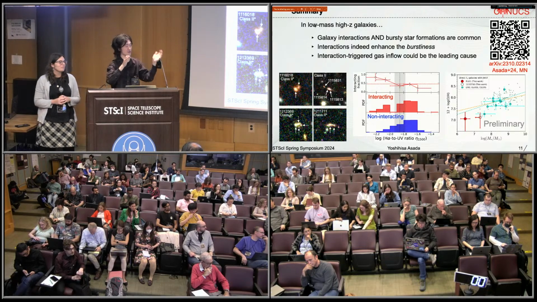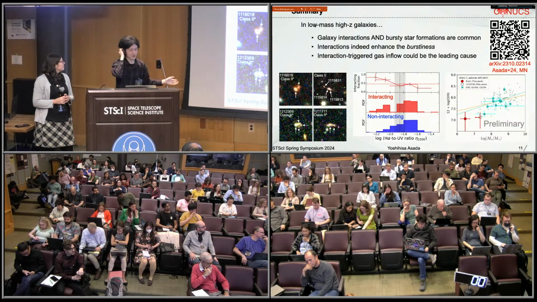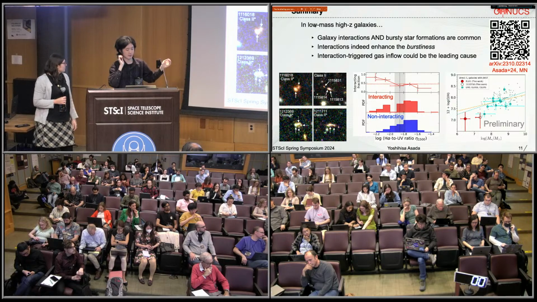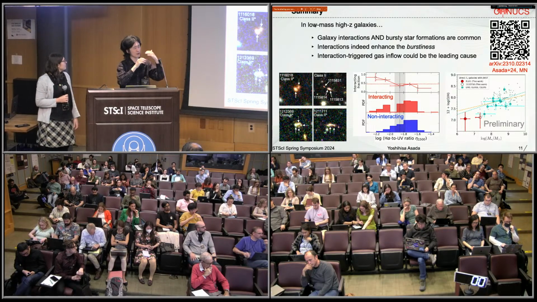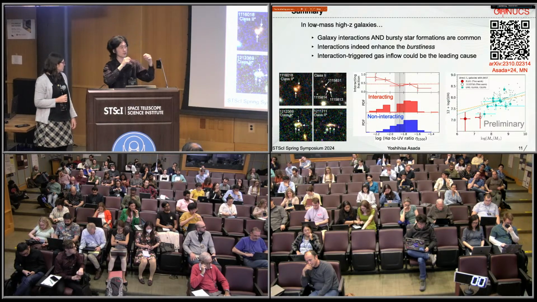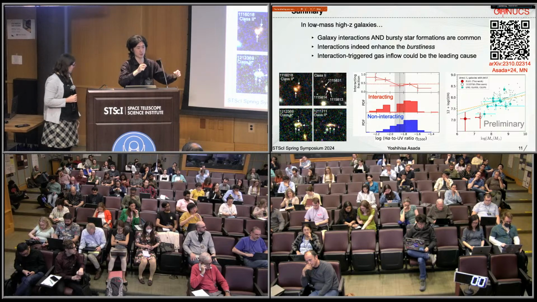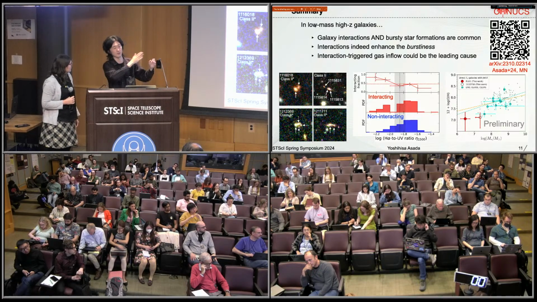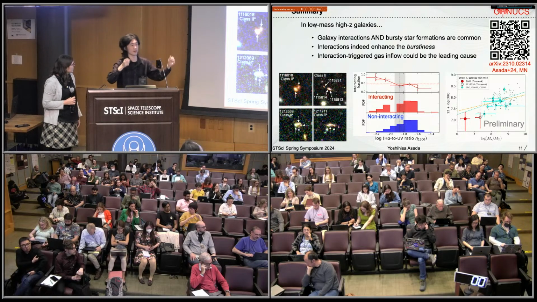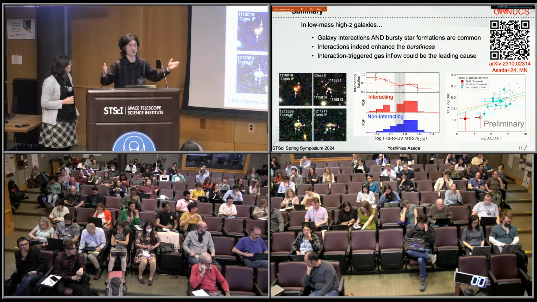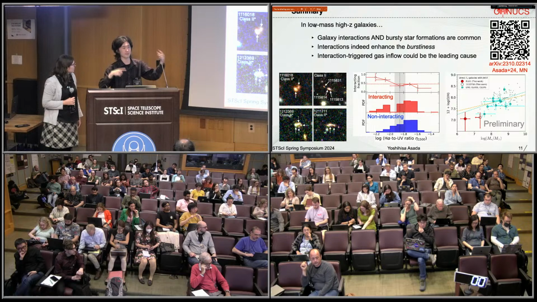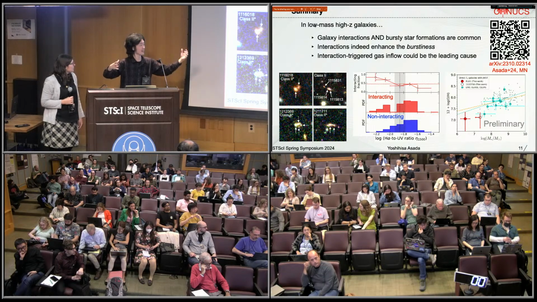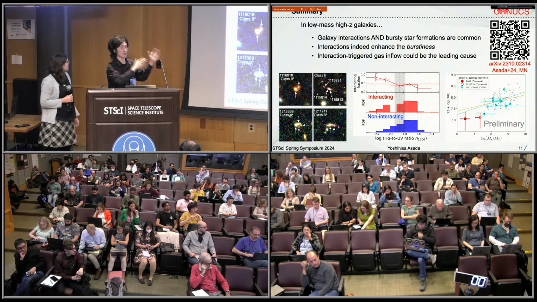And also the mass ratio. In terms of mass ratio, there's only a fraction of major mergers, and most of them should be minor mergers, that is, the mass ratio is more than 3 and less than 10. Some of them have a much larger mass ratio, which should be satellite and main galaxies. But there's some number of major mergers.